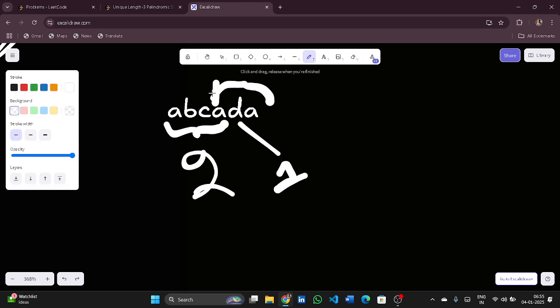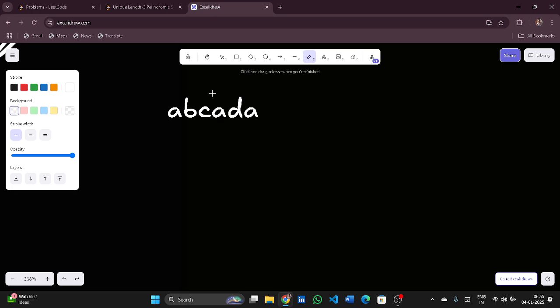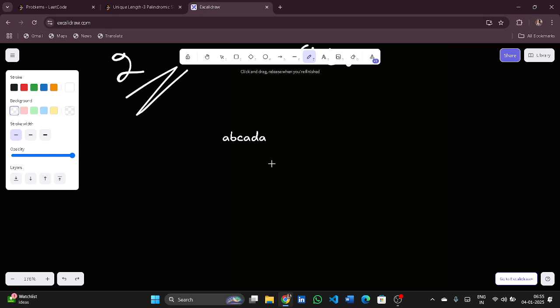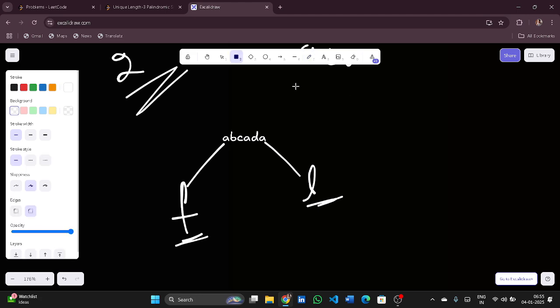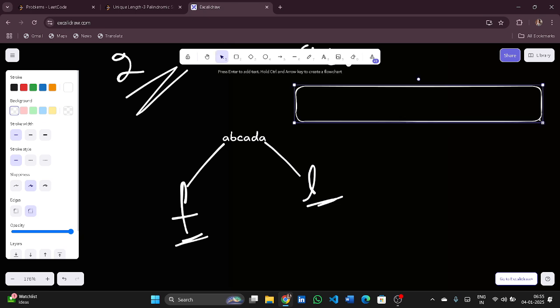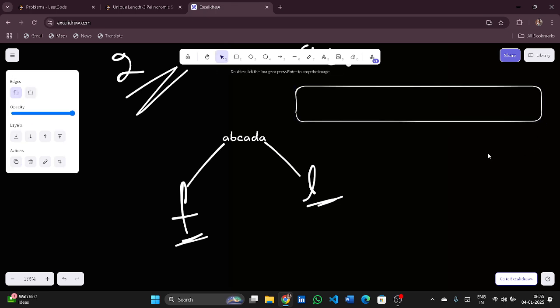So what I am going to do is get the first occurrence and the last occurrence of each character. This is the first occurrence of A, and this is the last occurrence of A. I will get these two things and store them in a vector which contains pairs. But what will be the size of this vector?